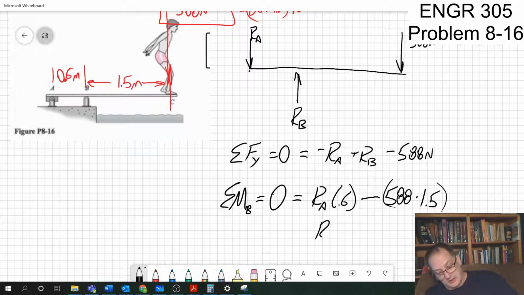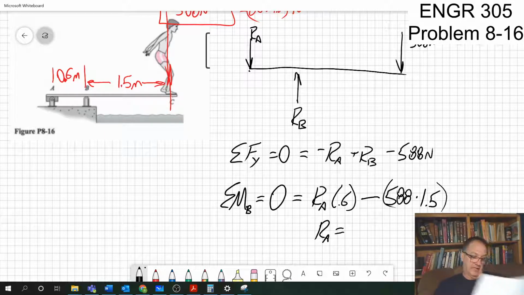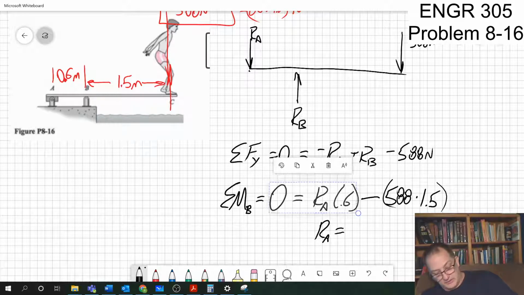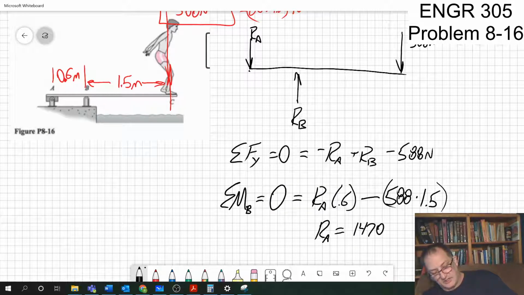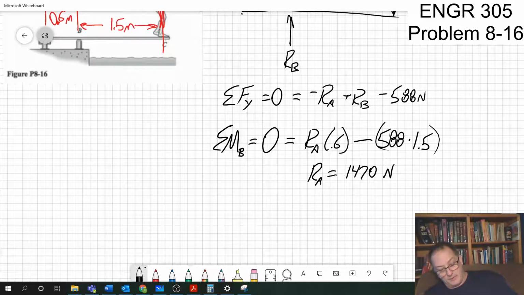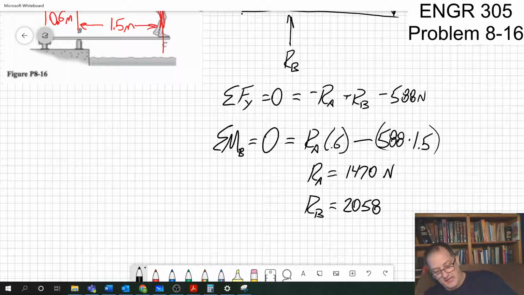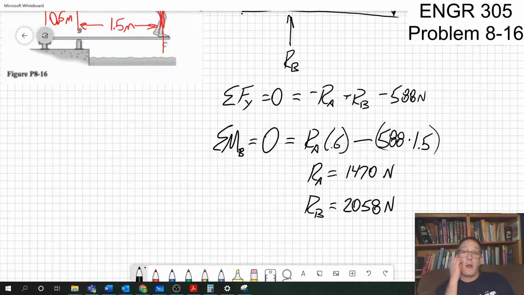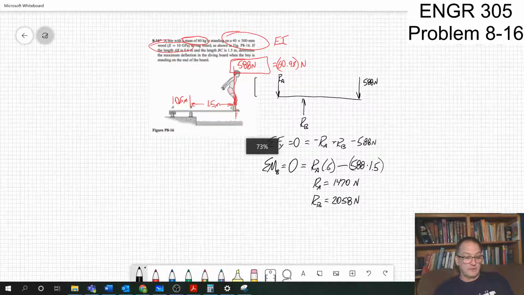Now RA is equal to, and we have to either go to calculator time or pull up my answer over here. RA is equal to 1,470 newtons. When I plug that back into this, RB is equal to 2,058 newtons. All right? So that's where I am.